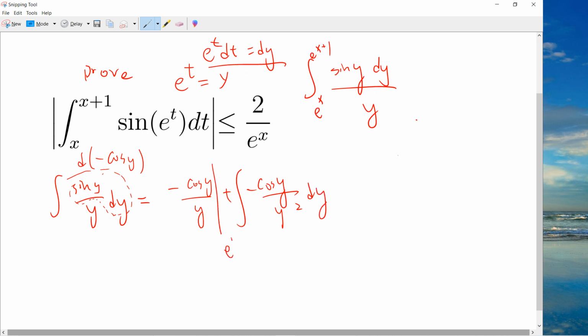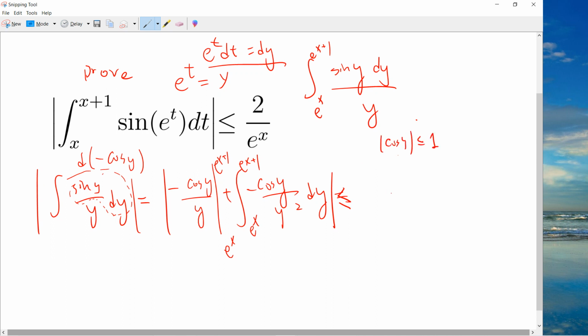And then we evaluate from e^x to e^(x+1). Right, so the first term will be minus cosine of e^(x+1) over e^(x+1). Okay, so we see these are two terms, right? So for the first, if we take the absolute value, remember that cosine y is less than 1, right?